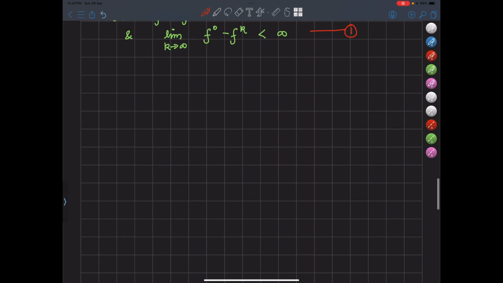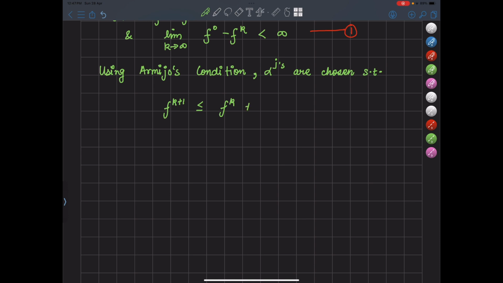Okay, now using the Armijo condition, the alpha k's are chosen such that fk plus 1 is less than or equal to fk plus c1 times alpha k times gk transpose dk.